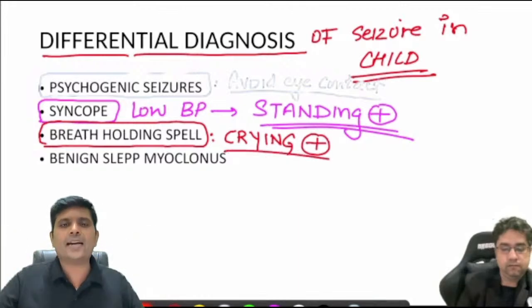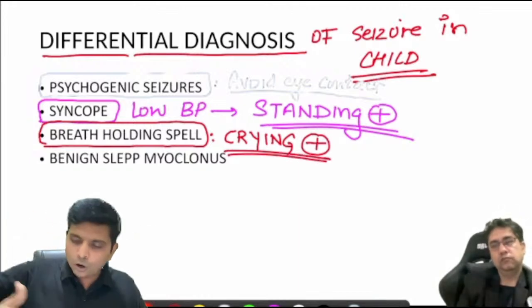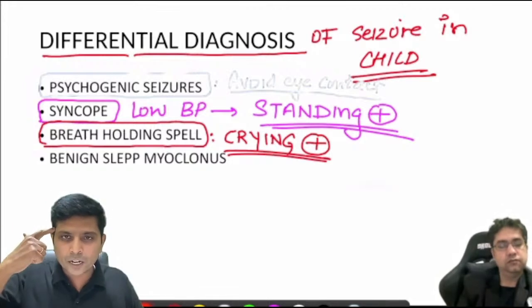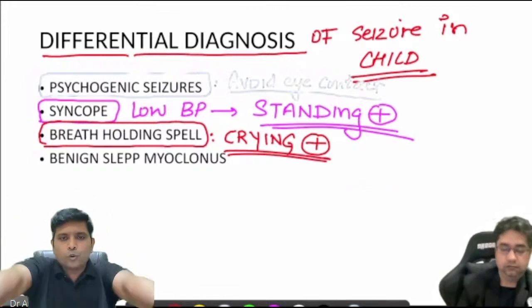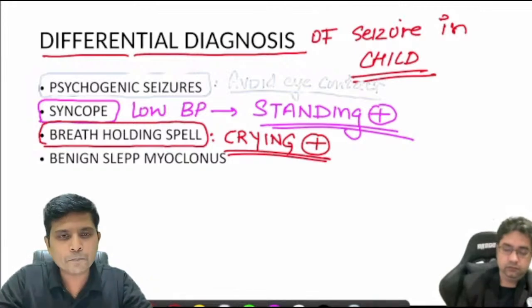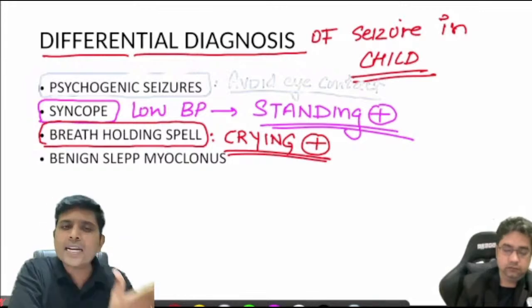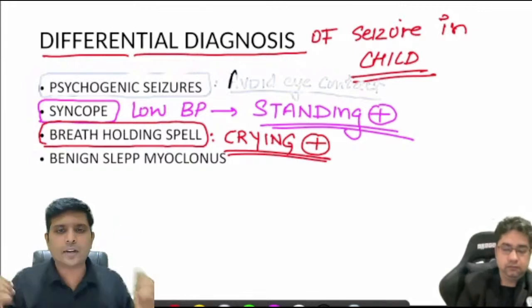When all the oxygen in the lung comes out, the brain will go for hypoxia. That hypoxia will lead to tonic posturing. This is called breath holding spell: tonic posturing preceded by an event of excessive crying.